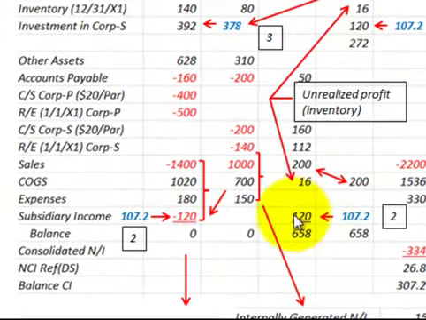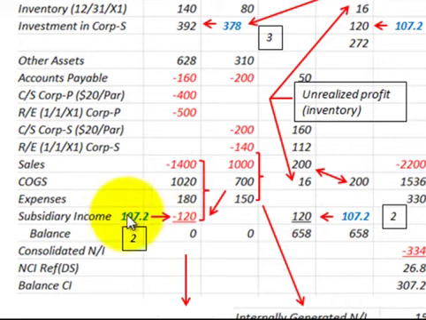So we take 80% of the $134,000, and we get $107,200. Now going over to our trial balances, for the subsidiary income, the parent for the sophisticated method would record $107,200 instead of the $120,000, and that's the amount they would be eliminating for the subsidiary's income between the parent and the subsidiary. So you can see the difference with the sophisticated method.